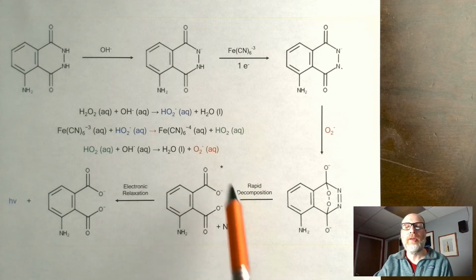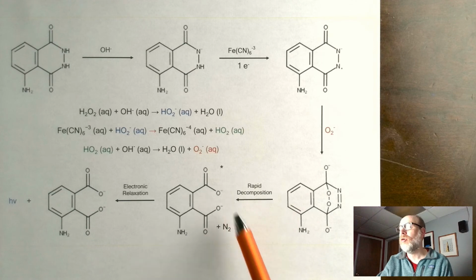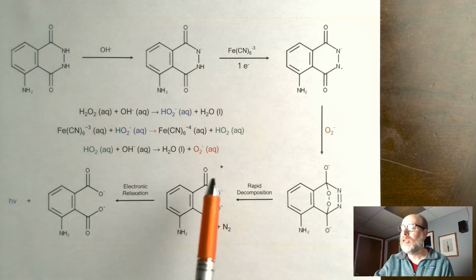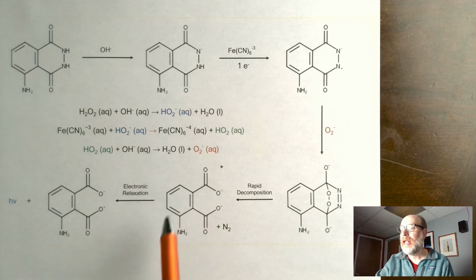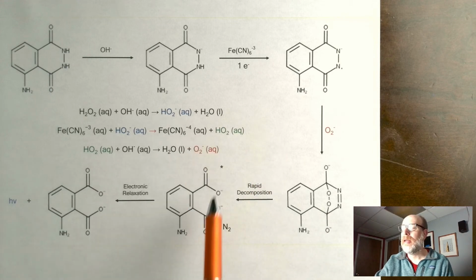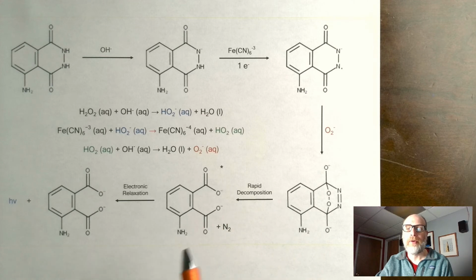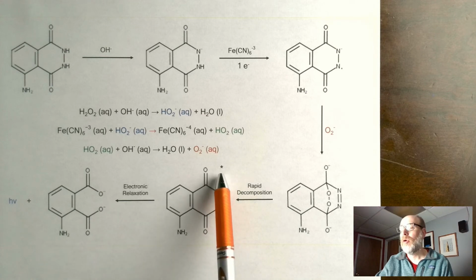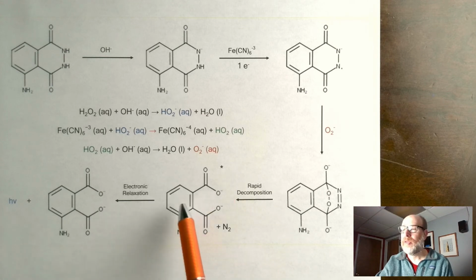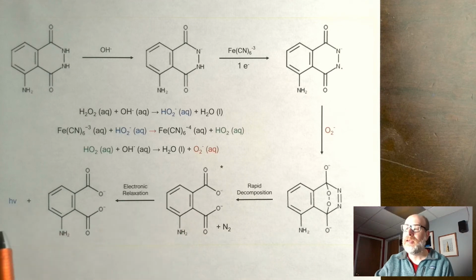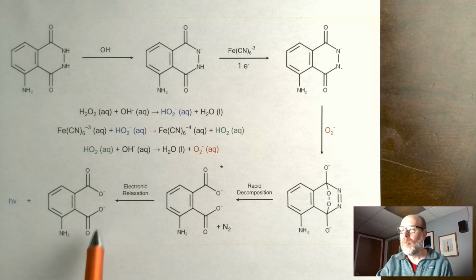So we're forming something that is getting energy during this oxidation and rapid decomposition. It's getting that energy to move that electron to that excited state. Then that electron wants to come back down to the ground state, and when it does, it gives off a photon, and that photon in the case of luminol is that brilliant blue color that you see produced, and we're left with the oxidized luminol species.